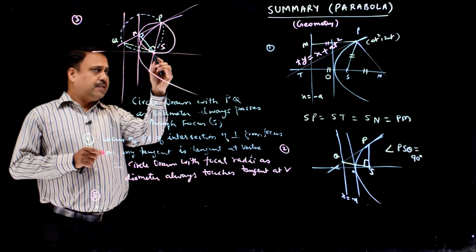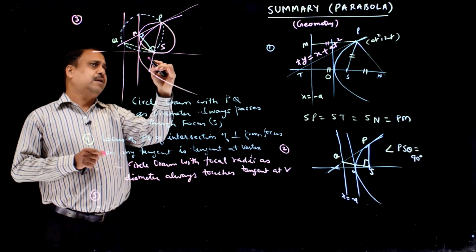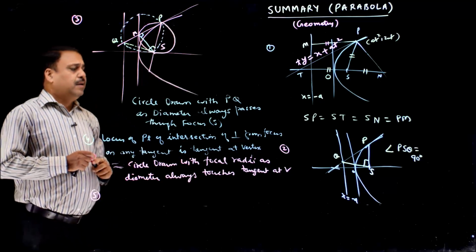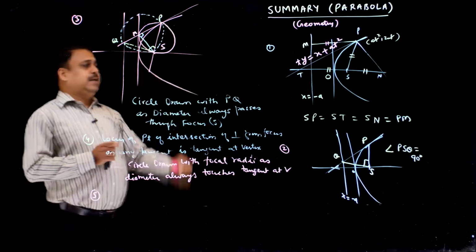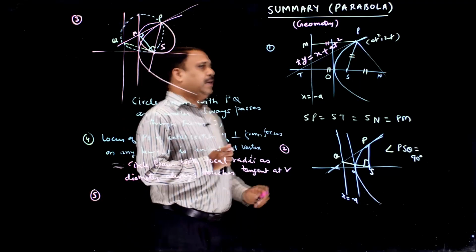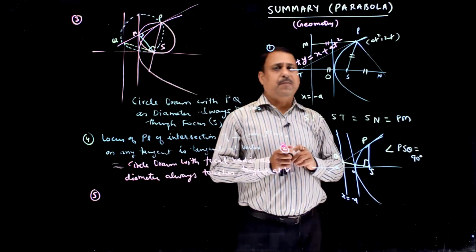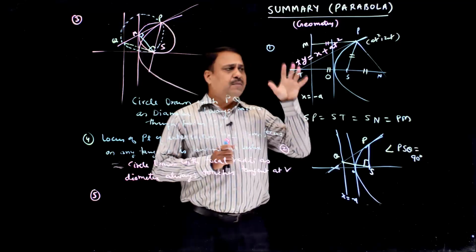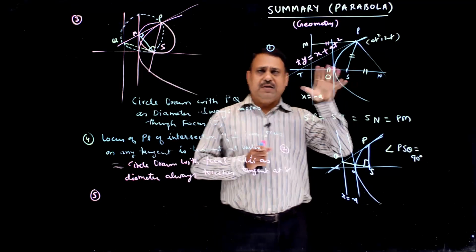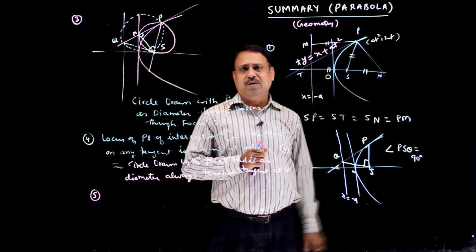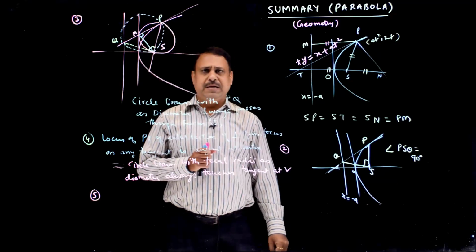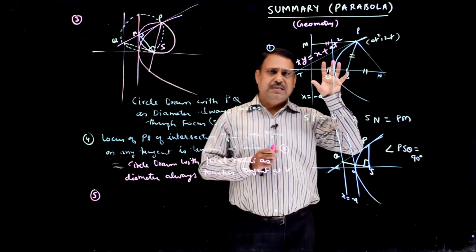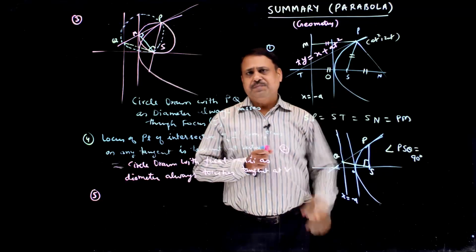We can draw the tangent circle also here. This will touch here, the small circle. This is the large circle. And from this property, we get the reflection property of the parabola. That is the most useful property of the parabola. What are the applications of this? In practical fields, two practical applications are there of the reflection property.